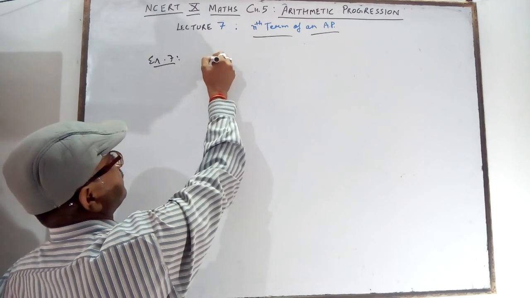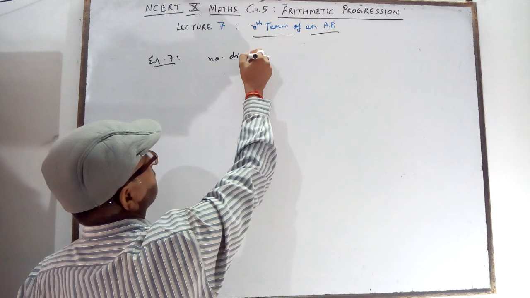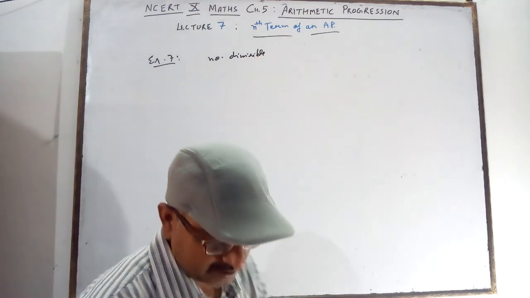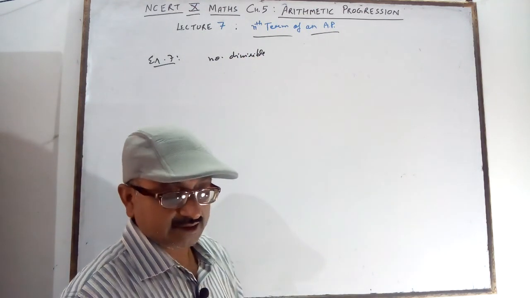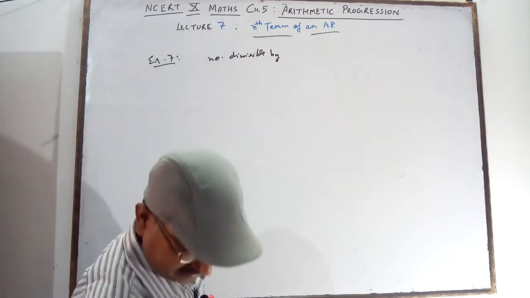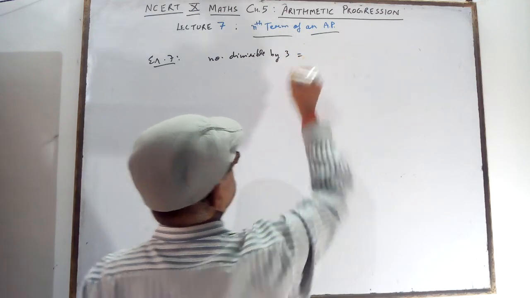First of all, how many 2-digit numbers are divisible by 3? You will get the table of 3 and pick the 2-digit numbers.